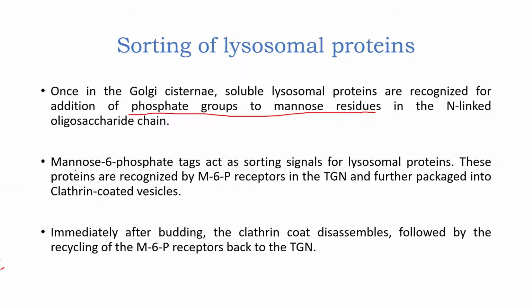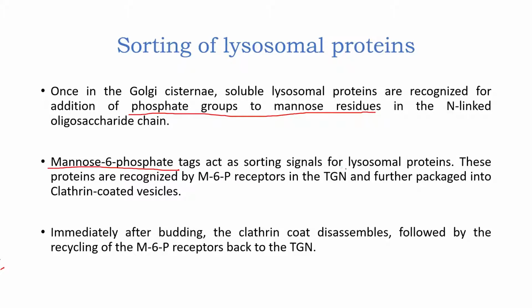Now, this mannose 6-phosphate tag acts as a sorting signal for lysosomal proteins. So once the mannose residues have been phosphorylated in Golgi, this tag acts as a sorting signal. The phosphate is attached to the 6th carbon of mannose, that is why mannose 6-phosphate.